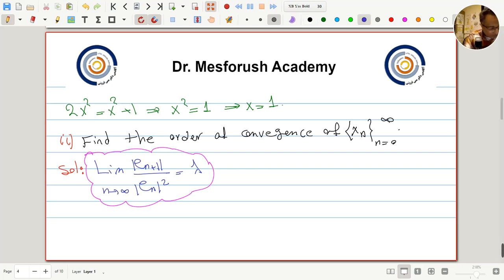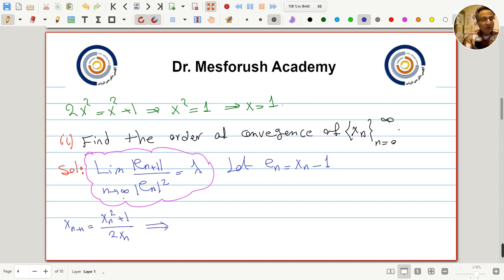To this end, we have to do something. Let e_n equal to x_n minus 1, where 1 is the limit of the sequence. We start from x_{n+1} equal to (x_n squared plus 1) over 2x_n.